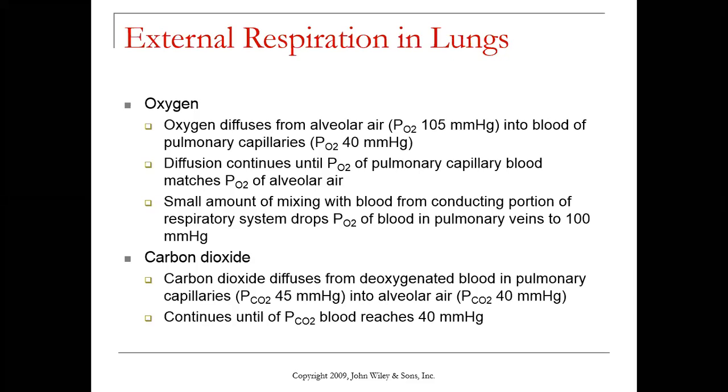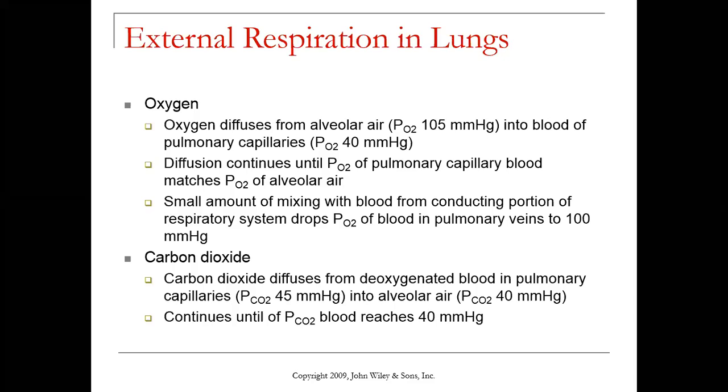But it will go to the region where the partial pressure is equal, slightly drop and equal to 100 millimeter of mercury. And why is that? Because in the lungs we have well ventilated areas having a partial pressure of 105, and we have poorly ventilated areas, for example the conducting division, that have lesser quantities of oxygen.